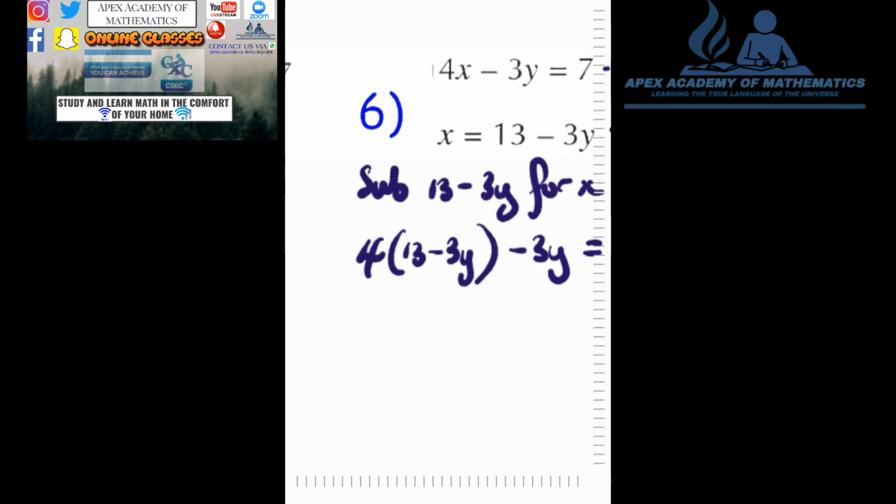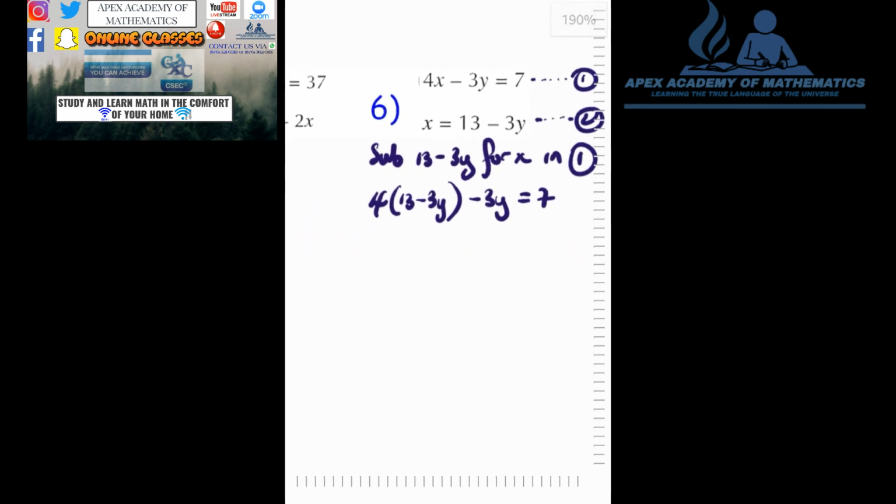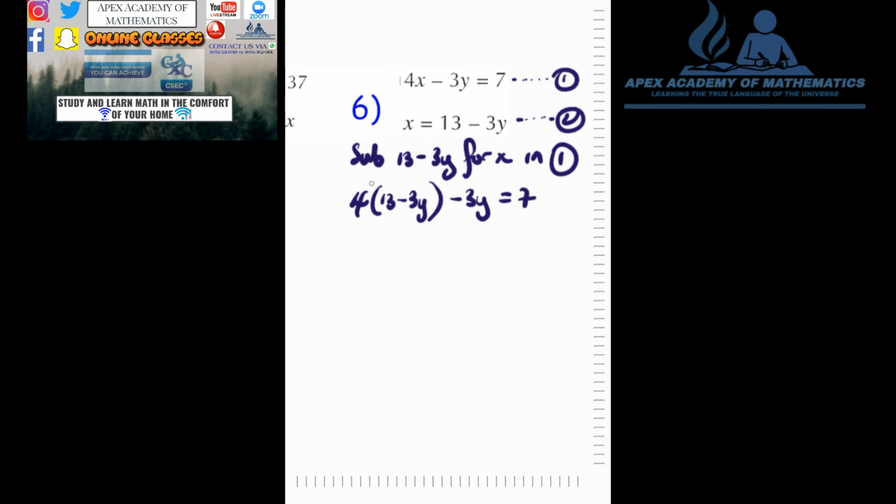Okay, good. So we're going to use the distributive law here. 4 times 13 gives us easily 52. And 4 times minus 3y gives us negative 12y, minus 3y, equal to 7 here.